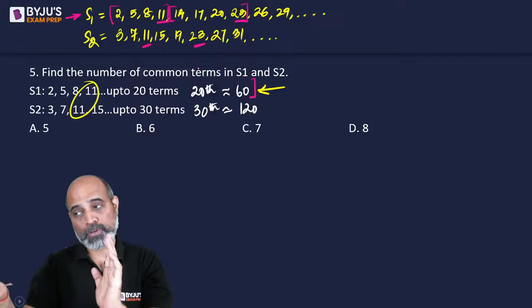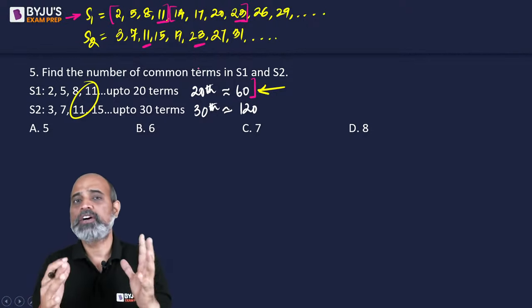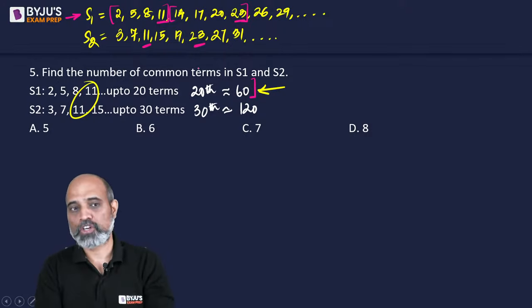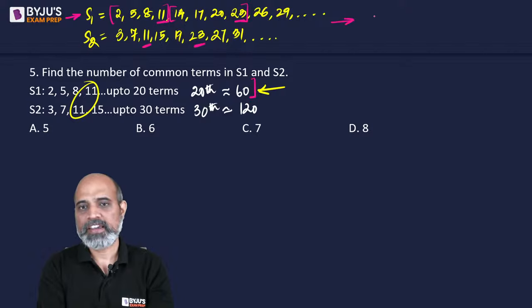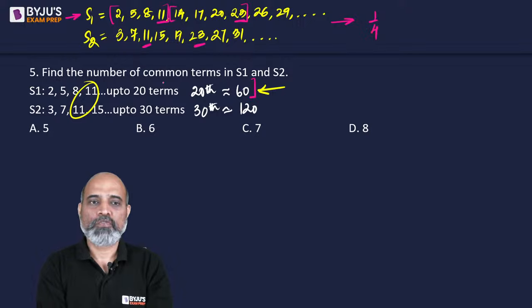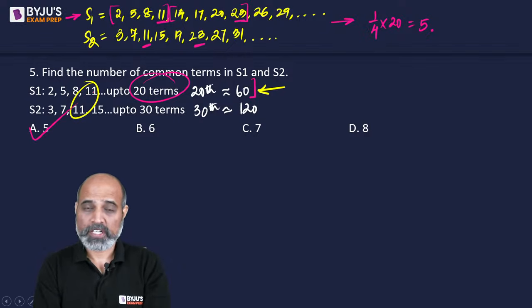Next 4 terms, the last one is common. This is a pattern. So can I say that 1 out of every 4 numbers is common? So out of 20 such numbers, how many will be common? The answer is going to be 5. So this is one approach.